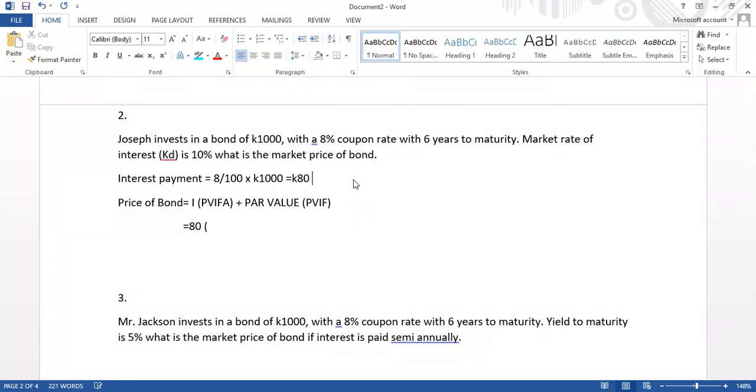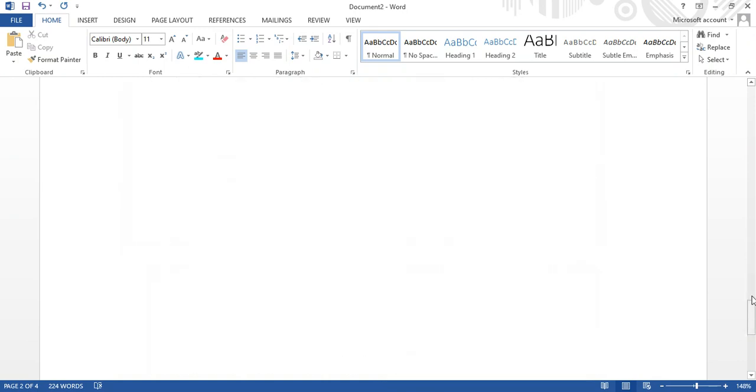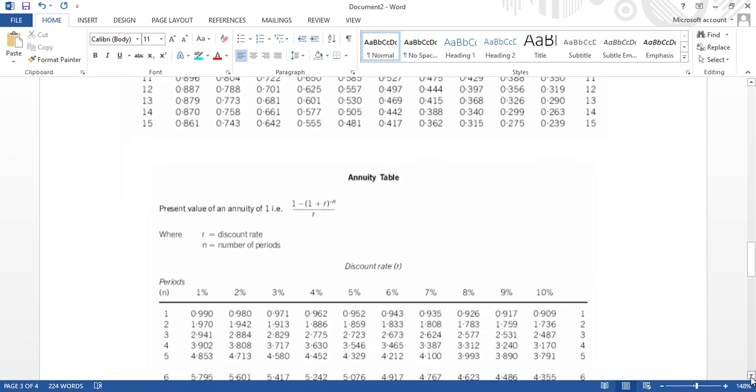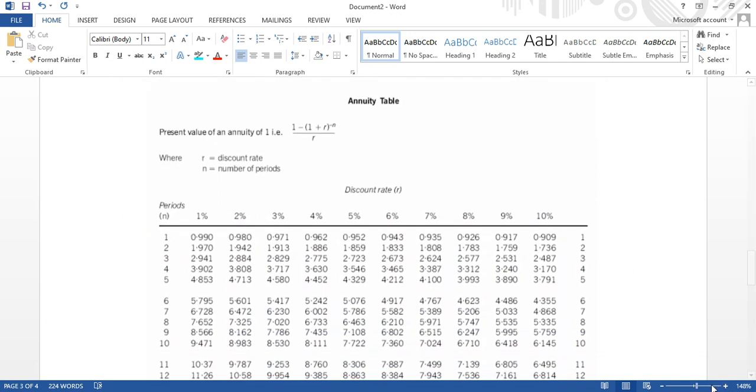On our annuity factor, our discount rate here is 10%, which is our cost of debt. So on our annuity table, our discount rate is 10%, and the number of periods is 6 years. So we go to our annuity table.